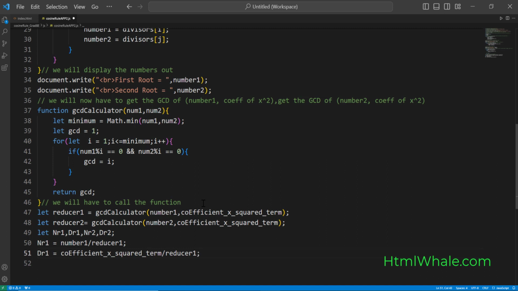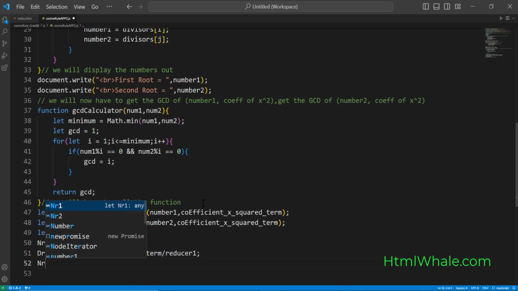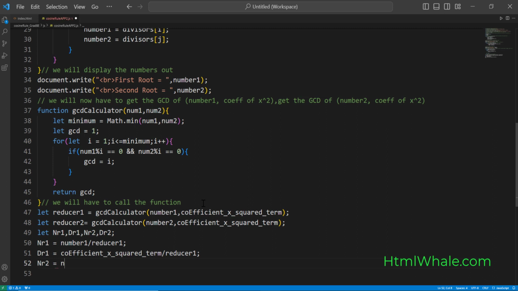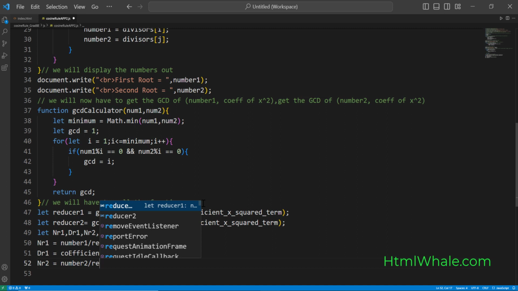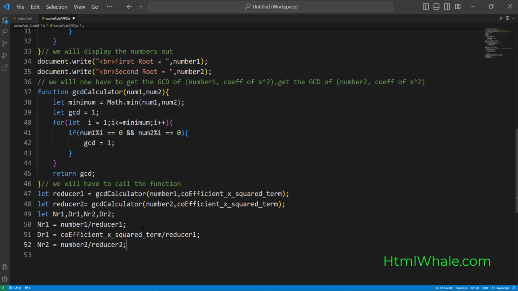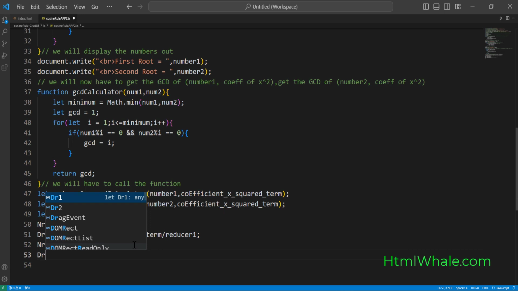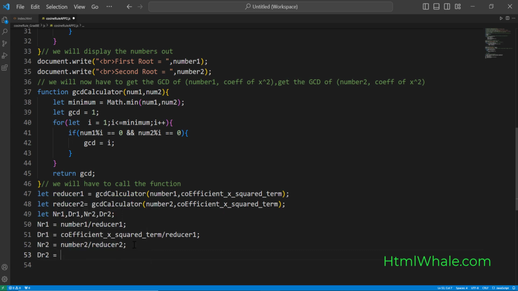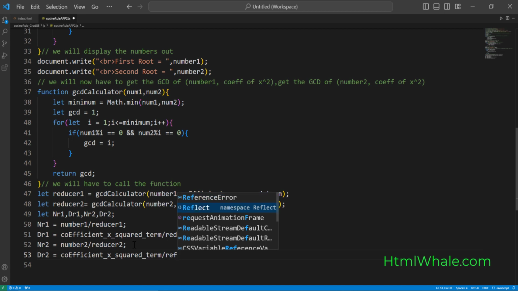Now similarly, nr2 is equal to number 2 divided by the reducer 2, okay, and dr2 is equal to coefficient of x squared divided by reducer 2.